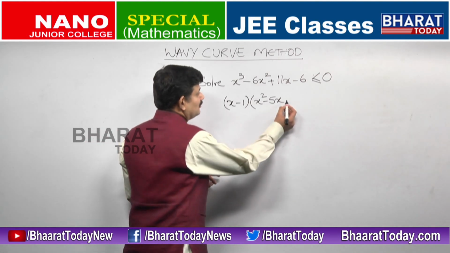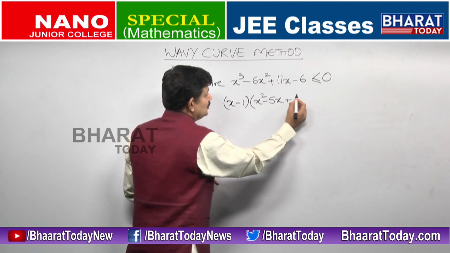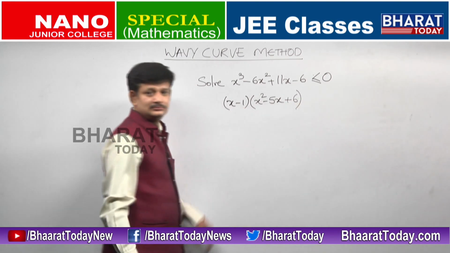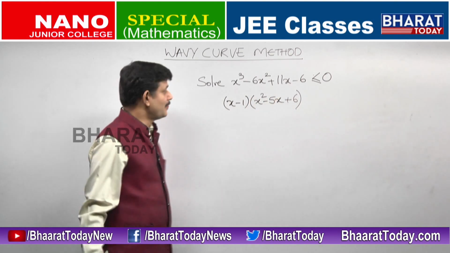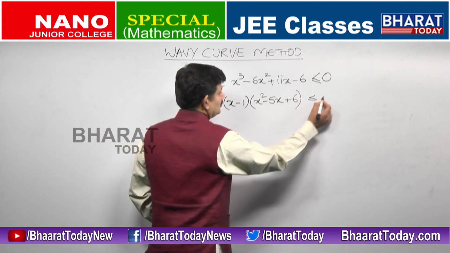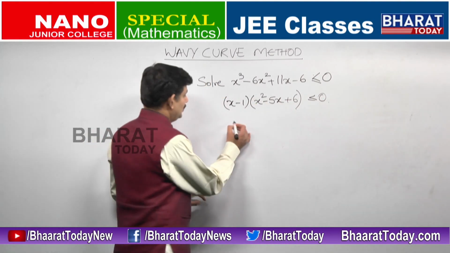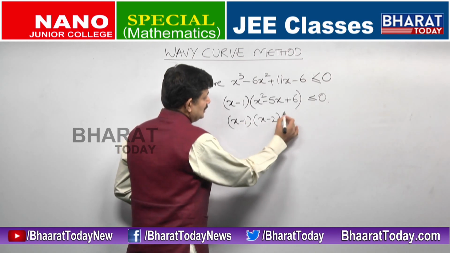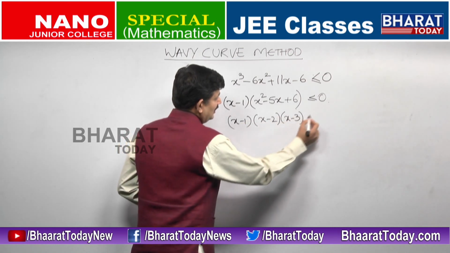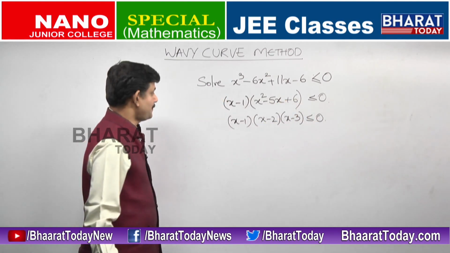Now the constant term, what should it be? Minus 6. I have minus 1 here, so it should be plus 6. Minus 1 into 6 will make it minus 6. So this is less than or equal to 0. Now you can easily see the factors: x minus 1 into x minus 2 into x minus 3 less than or equal to 0. 2 plus 3 is 5 and 2 into 3 is 6.